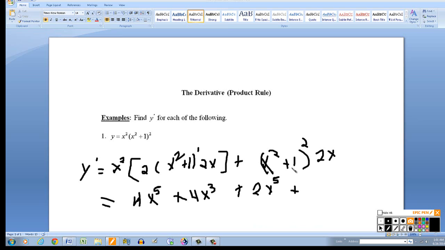Then the middle term is 2x squared times the 2x would give me 4x to the 3rd plus, and then the 1 squared is 1, and then times the 2x is 2x.